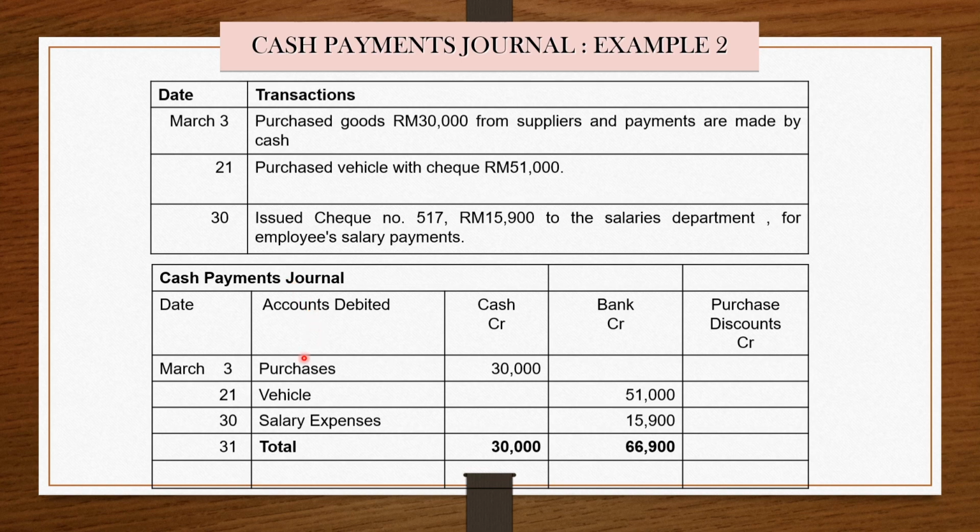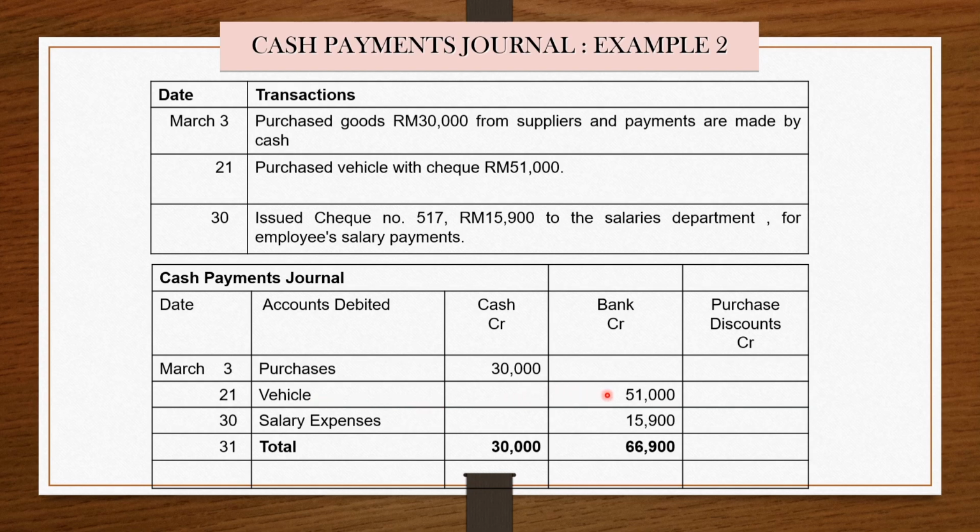So the first one, 3rd of March, debit purchases and credit cash. So we have to record cash in the credit side because we have to make a payment. The second one, 21st of March, debit account vehicle. We debit vehicle because it represents an asset increase.